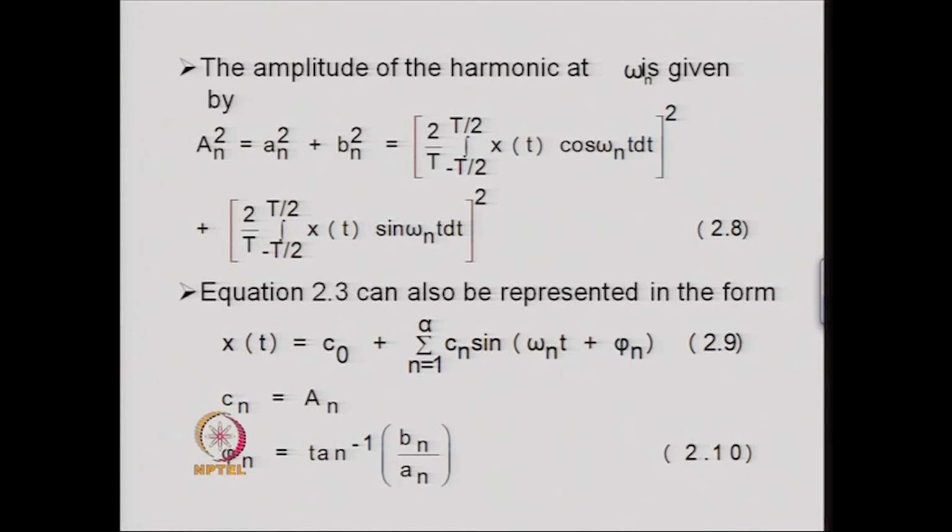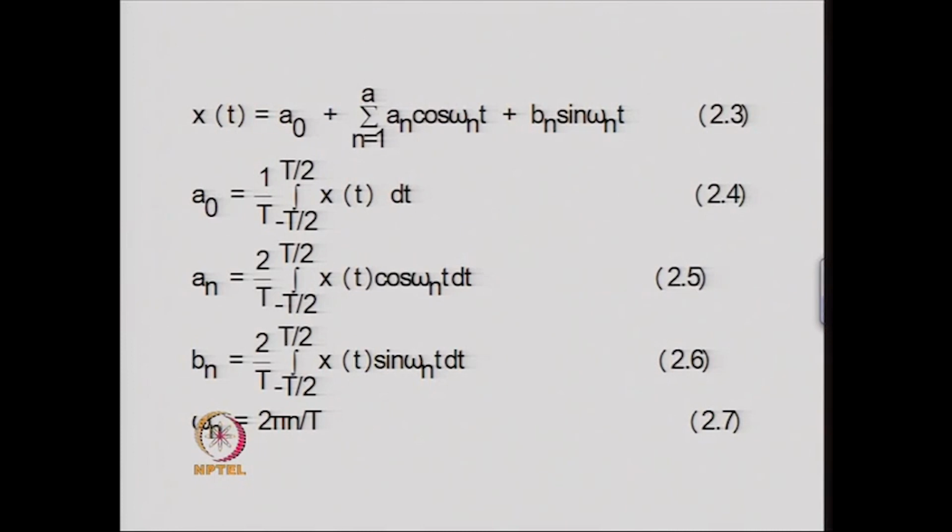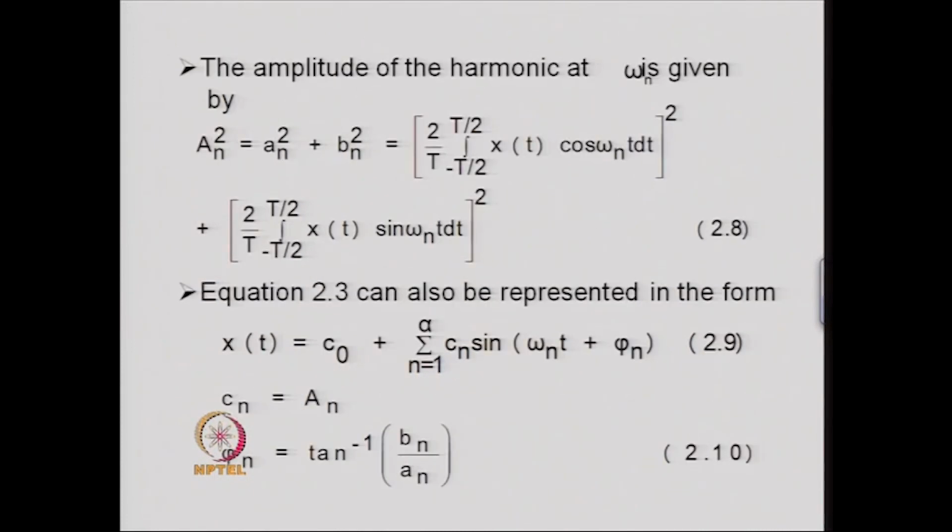The amplitude of the harmonic at any frequency omega n is given by equation 2.8, that is, An square is equal to small an square plus small bn square, where an and bn have been described before by equations 2.5 and 2.6, and they are squared to get the amplitude of the harmonic at omega n.